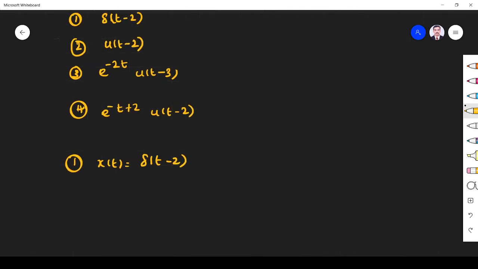Here time is delayed, so the time shifting property of Fourier Transform we can use. We know delta of t has Fourier transform 1. So this is x of t, this is X of omega.